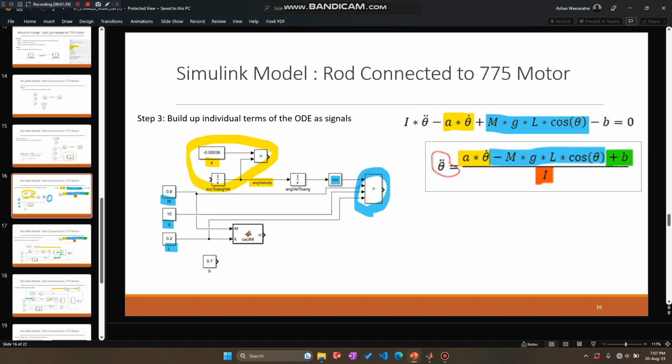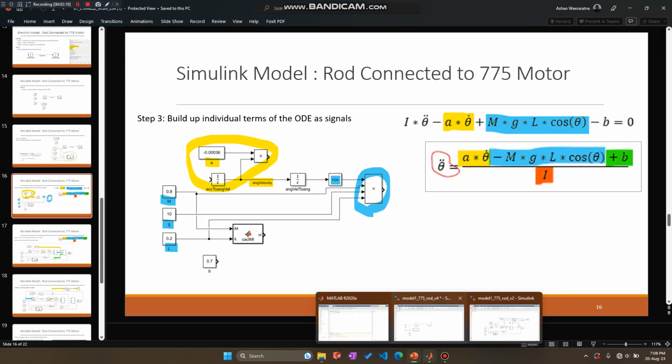The first one is a times theta dot, or a times the angular velocity. The second term is a multiplication of four signals, and the last term is just a single signal, which is b. So let's obtain these three terms as signals: the yellow term, blue term, and the green term.